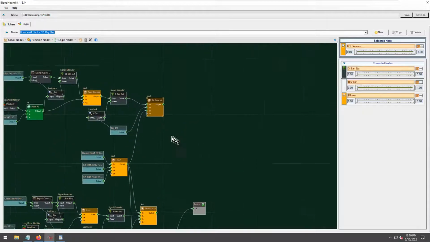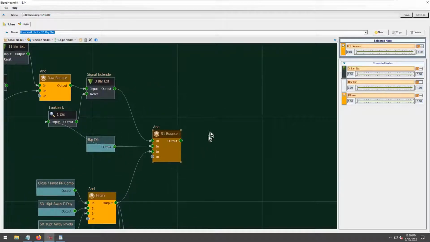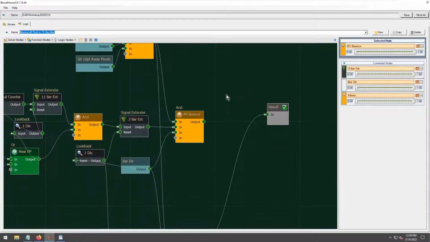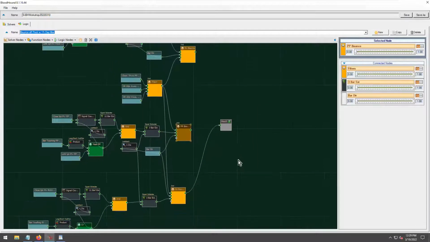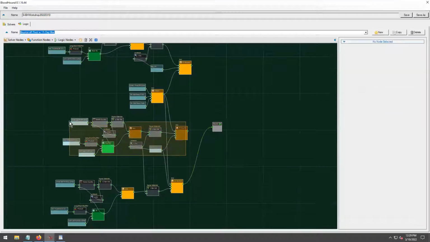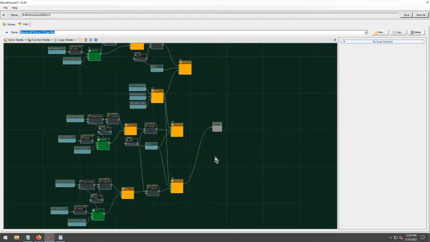If we zoom in here, remember, I put a name on the AND node there. So there's the R1 bounce. And then in the middle, we have the PP line bounce, right? So if we zoom out, the logic in the middle is for the PP bounce.